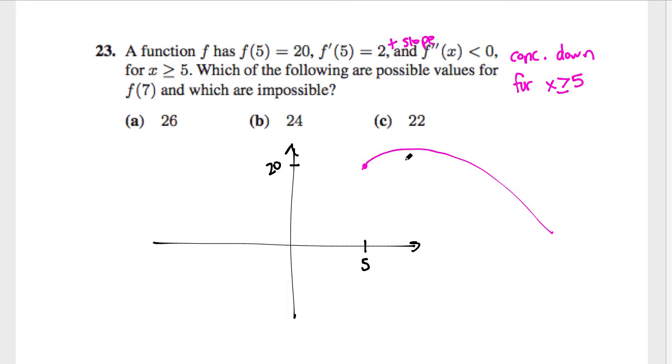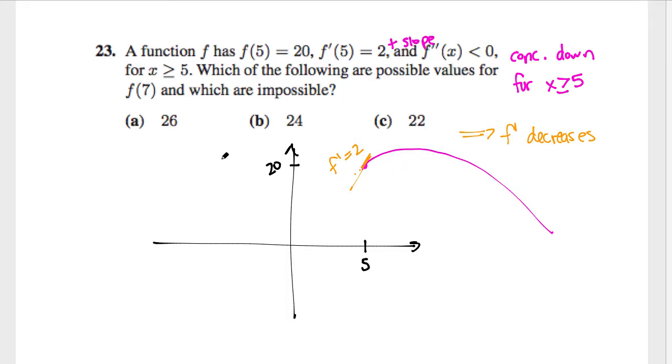If I'm concave down, that means f prime must be decreasing. So if f prime of 5 is positive 2, then to the right, my f prime has to be less than 2.